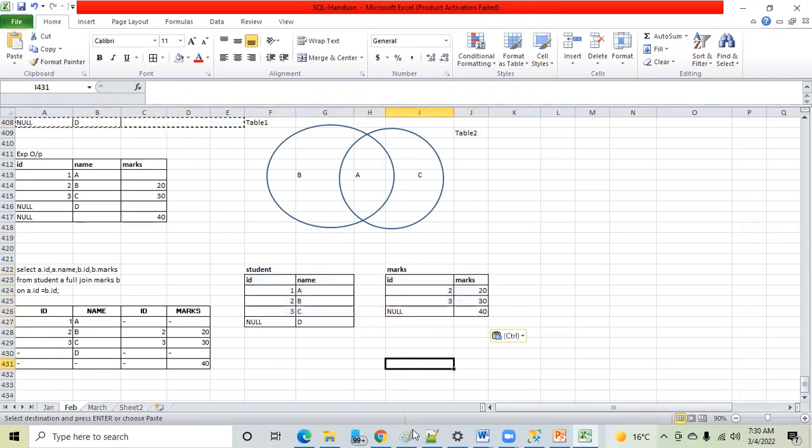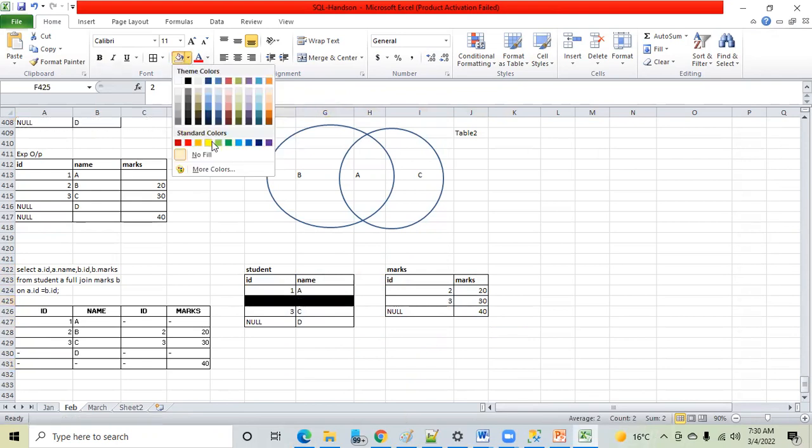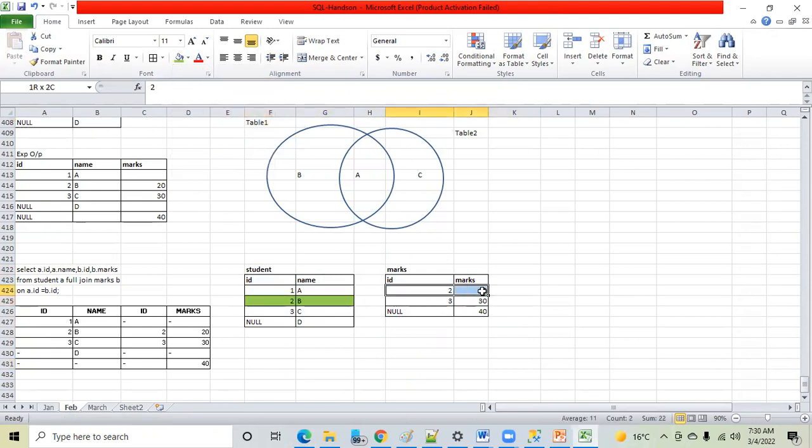First of all, the matching records. So this is the matching record 2. This is fetched, right? We have 2, B, 20. This is there, right? This is fine. 3, C, 30. That's also fetched. So inner join is done.